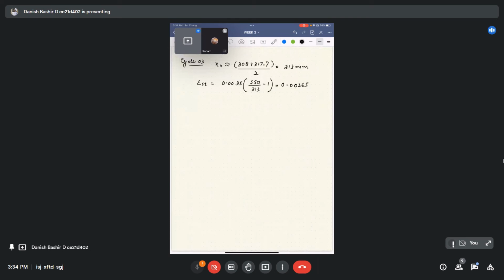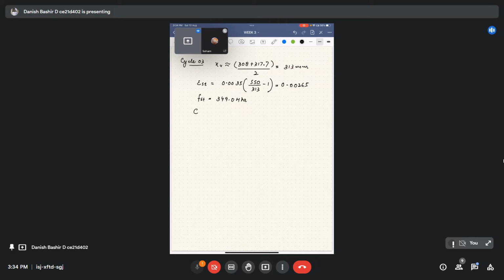Interpolating the stress, we will get FST as, I showed in the first cycle how to interpolate the stress from the table, 349.0 megapascal.